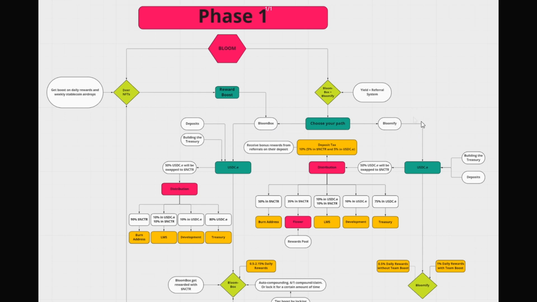So if we move on over to Bloomify, then you buy Bloomify or that Nectar token, or you invest in the platform with USDC.E. As we said, 50% of that USDC.E will be swapped to their Nectar token. And here is where that is going to go. It goes to the distribution here, and then 50% in Nectar gets burnt. 35% goes into the reward pool, then 10% of that is actually sent to USDC for the liquidity management service, as well as 10% in Nectar tokens as well.